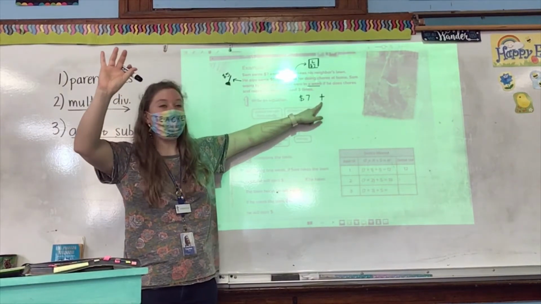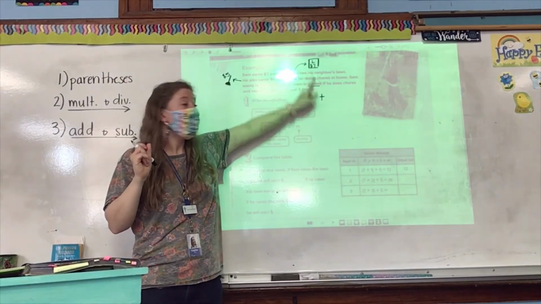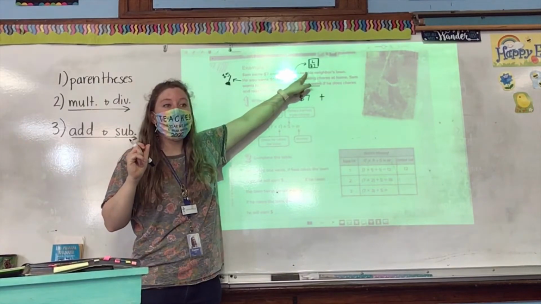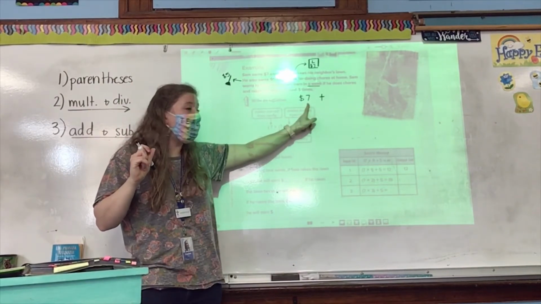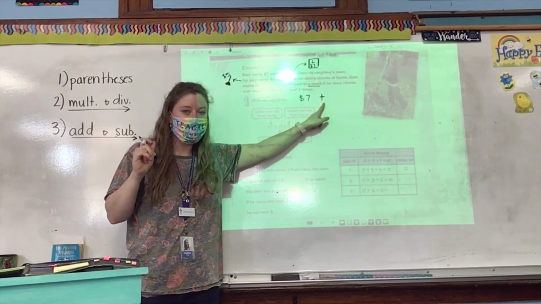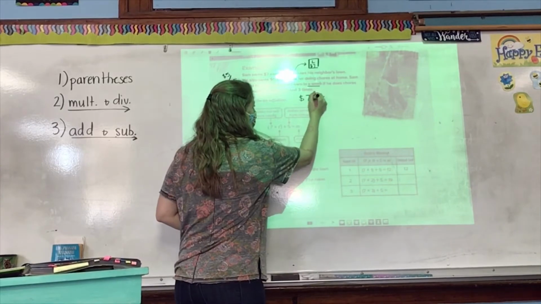Do we subtract the number of times he rakes from the money he gets from it? Do we multiply the number of times he rakes by the money he gets for it? Or do we divide the money he gets from the number of times he rakes? Smith? We multiply.